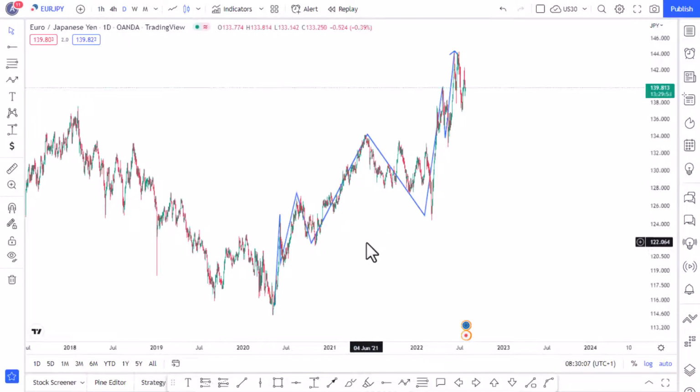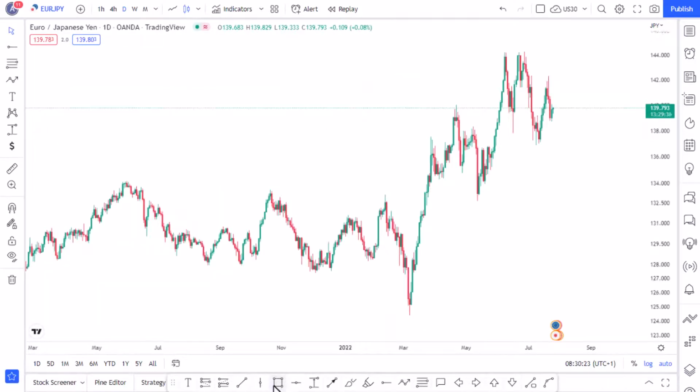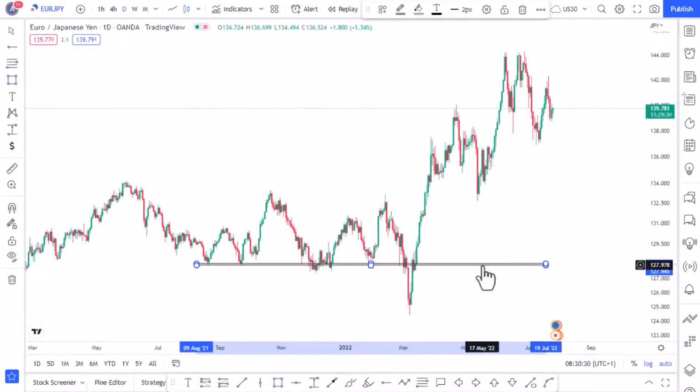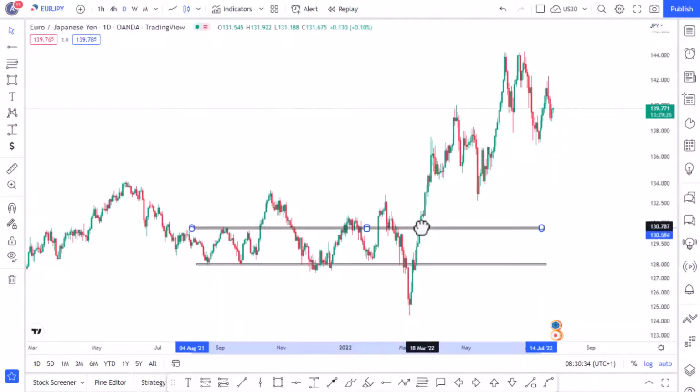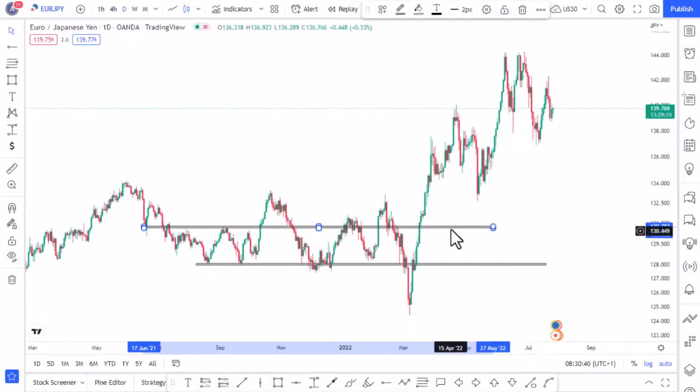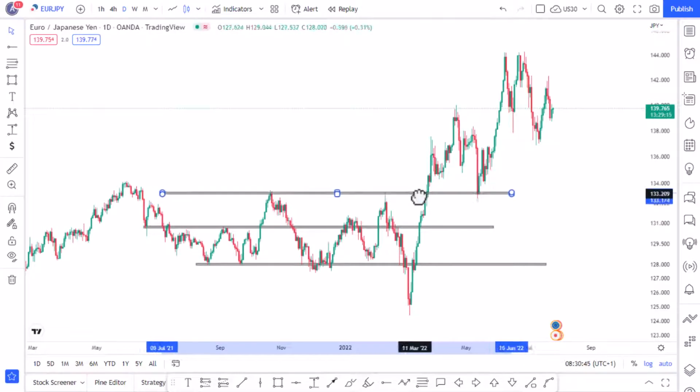So if that be the case, then we can now establish our significant zones. This is a significant zone. Here is a significant zone. Here is a significant zone.